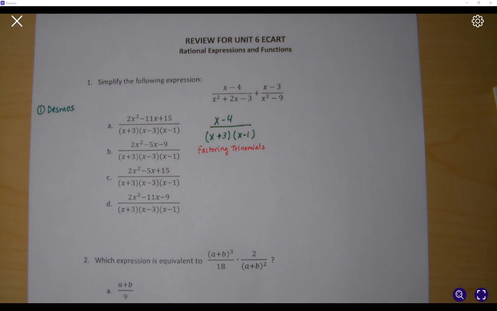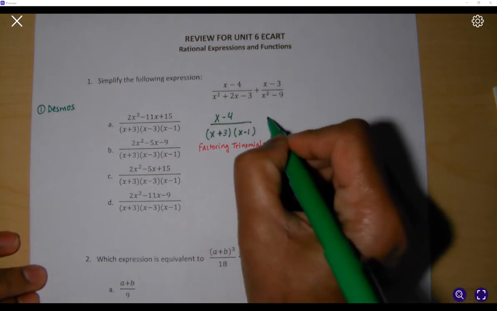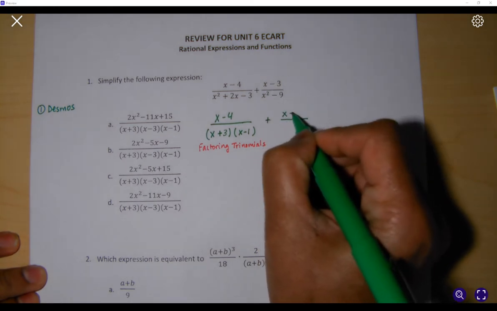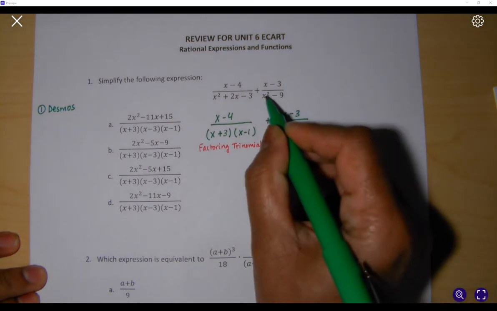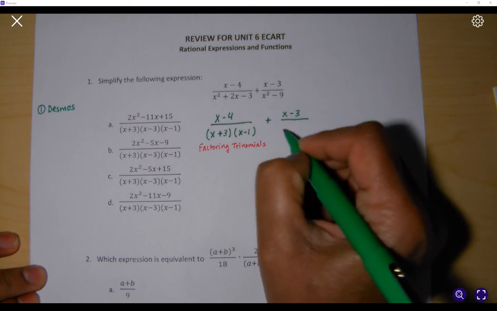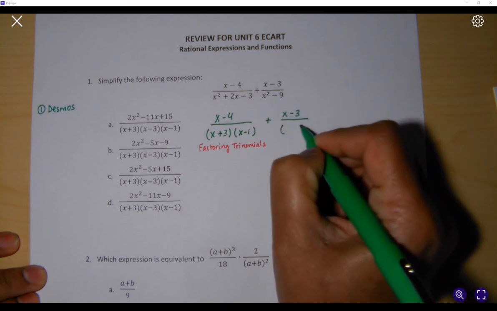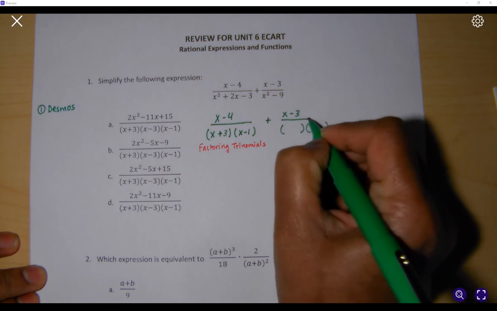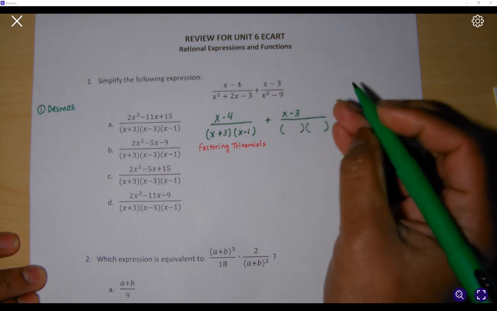Alright, so now let's do the next rational expression. I'm going to bring the numerator down, and then the denominator, I'm going to factor this. This is factoring using perfect squares. It's called difference of squares.